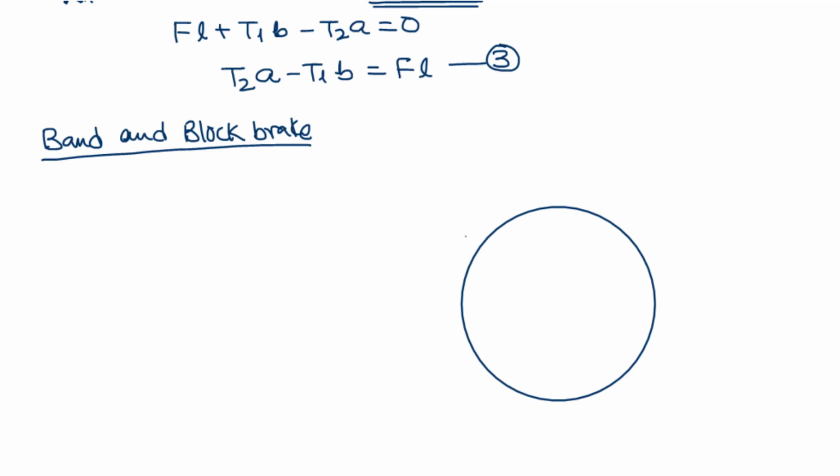These are blocks of the same size: block 1, block 2, block 3. And this is the band.